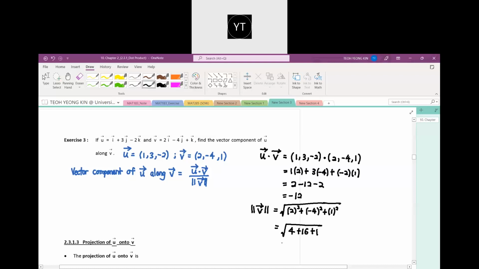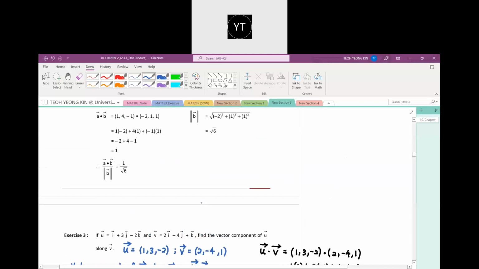So here we have the square root of 21. Now we already have all the values, so we can substitute into this formula. The dot product is negative 12 over the magnitude, square root of 21.